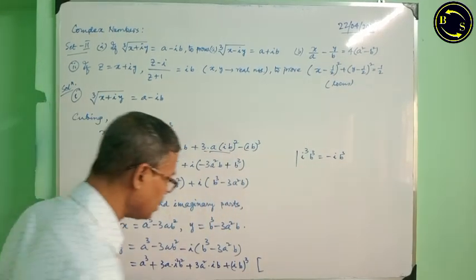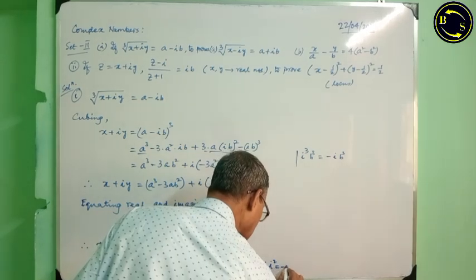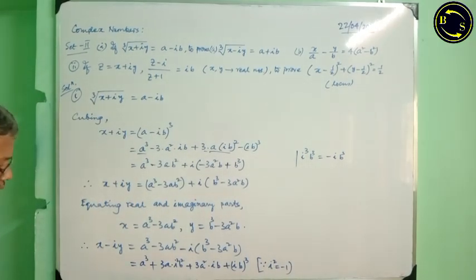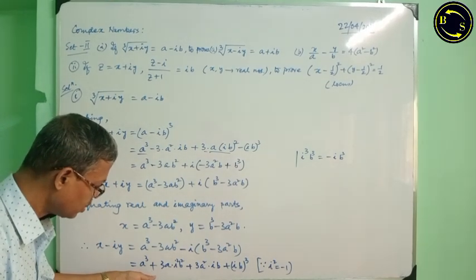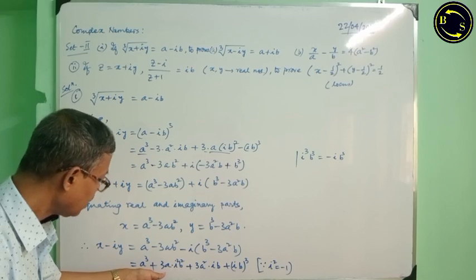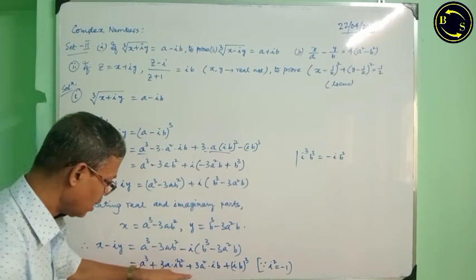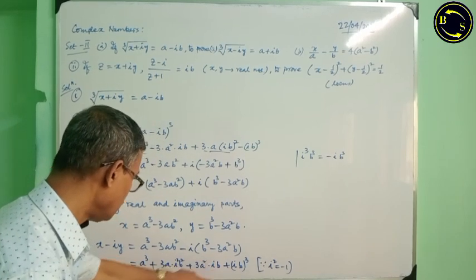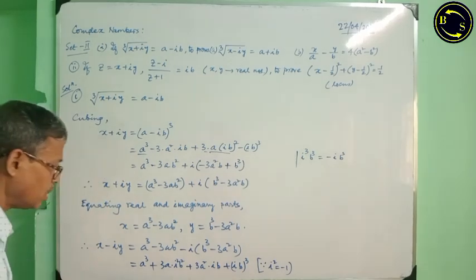You mention here, since i square equal to minus 1, therefore we get the form a cube plus 3a square b form plus 3ab square form.